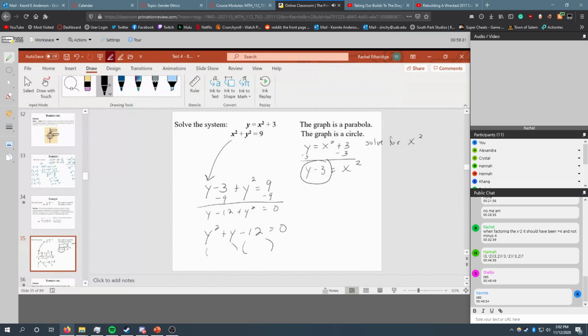Then we can factor, and we get y plus 4 and y minus 3. When we set those factors equal to 0 and solve, we get y equals negative 4 and y equals 3.